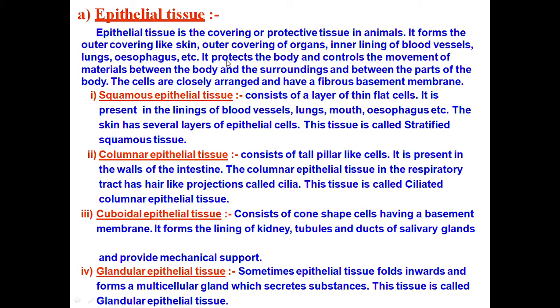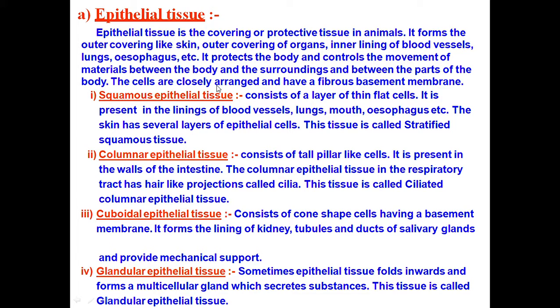It protects the body and controls the movement of material between the body and surrounding and between the parts of the body. So these are the functions of epithelial tissues. First, it protects the body parts. Then it controls the movement of materials between the body and the surroundings and between the parts of body.